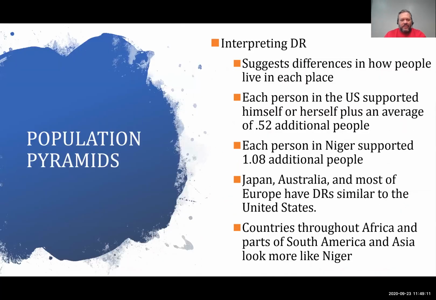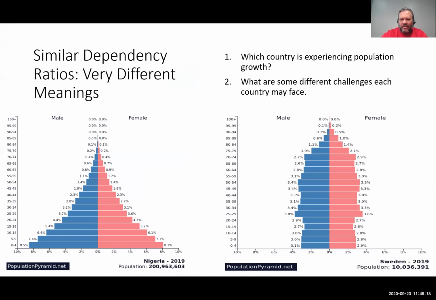Interpreting the dependency ratio, we can take a look. Dependency ratio says people 65 or older, so it would be this group. And this is Nigeria.